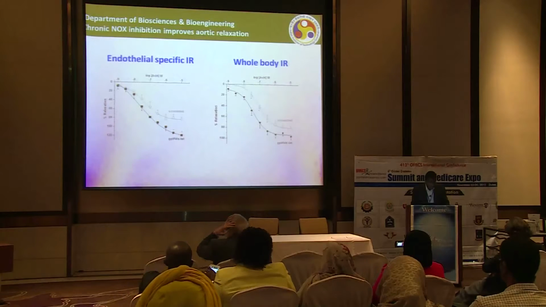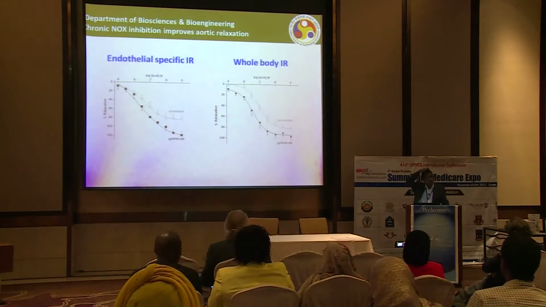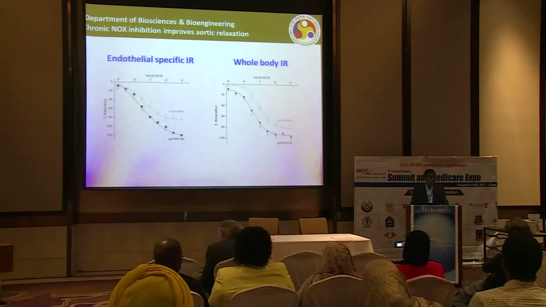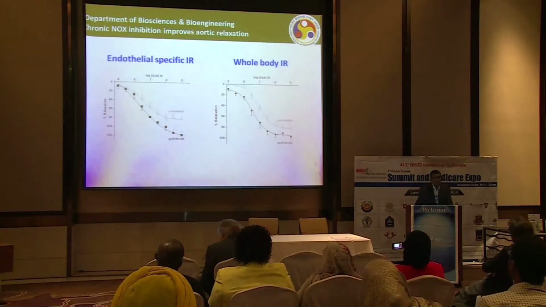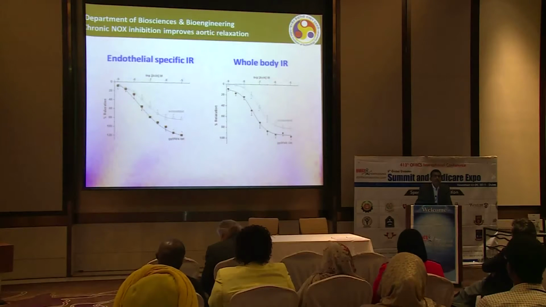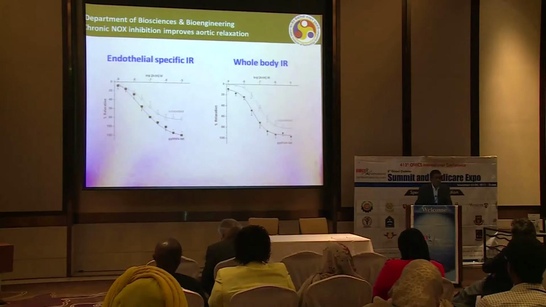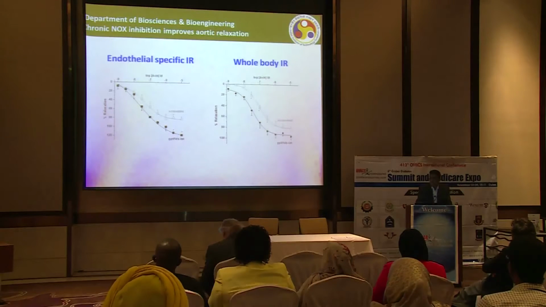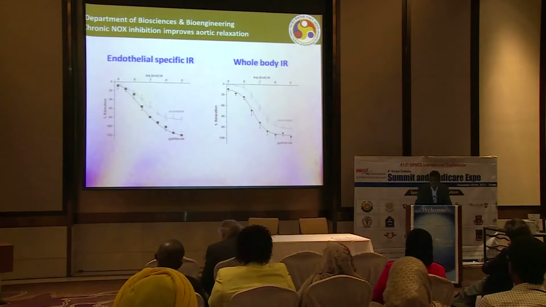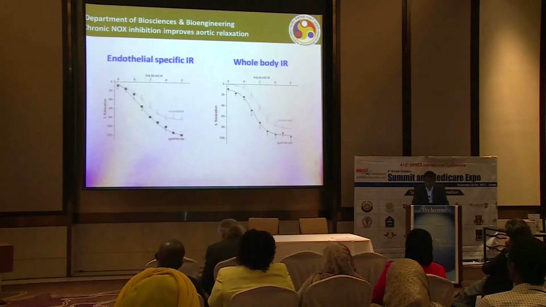Another thing: rather than directly treating the vessel with the NOX inhibitor peptide, we implanted a small drug delivering device into the mice and delivered this drug over a 28 day period, then measured vascular function. In both of our insulin resistant models, infusion of this NOX inhibitor peptide significantly improved vascular function, that is, vascular relaxation.